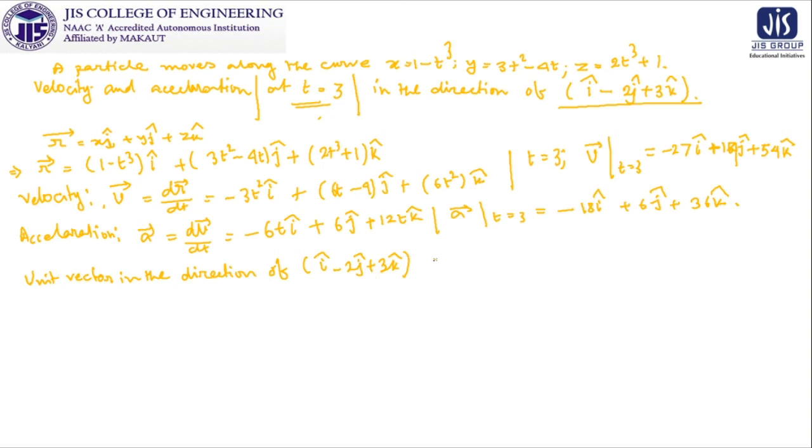This unit vector, denoted n, is the vector divided by its modulus, root over (1 square plus (minus 2) square plus 3 square), which is 1 by root 14 times (i minus 2j plus 3k).